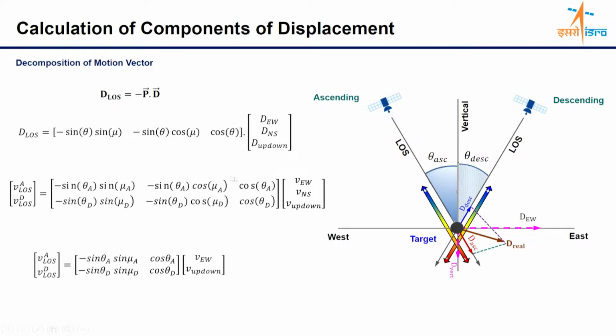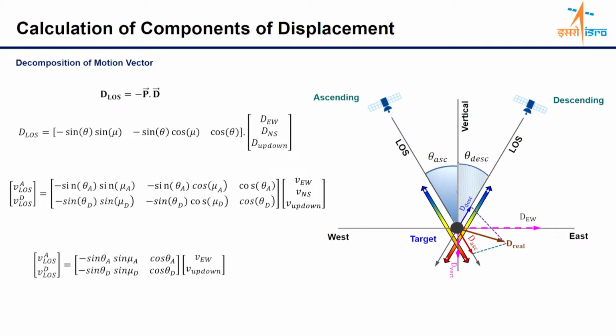It means all the components in the projection vectors are known. What is unknown? These 3 components of the actual displacement vector. So now we are getting 2 equations but 3 unknowns. Again the number of equations is less than the number of unknowns, which is not possible.